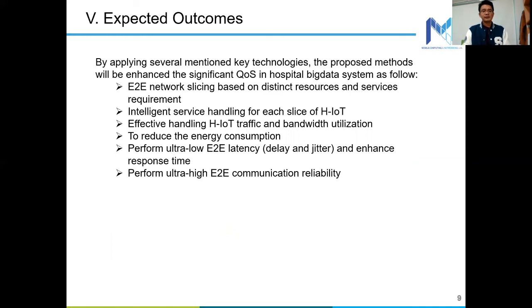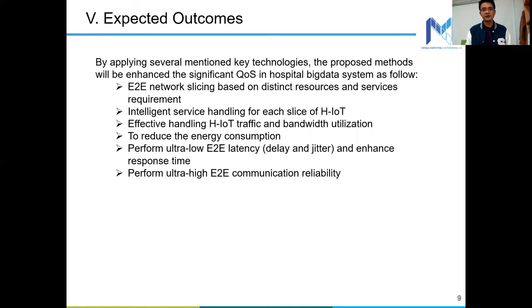By applying the several mentioned key technologies, the proposed method will significantly enhance the quality of service in the hospital big data system as follows. End-to-end network slicing based on distinct resource and service requirements, intelligent service handling for each slice of the health Internet of Things, and effective handling of health IoT traffic and bandwidth utilization.